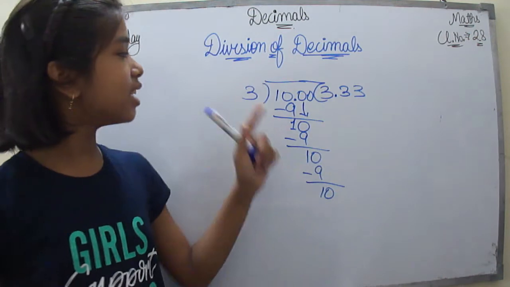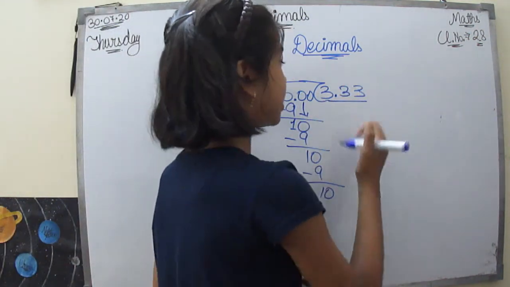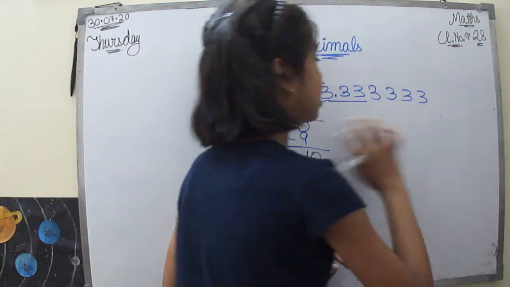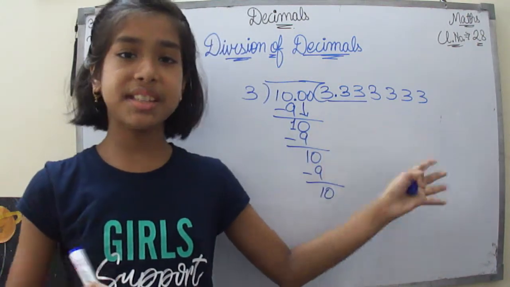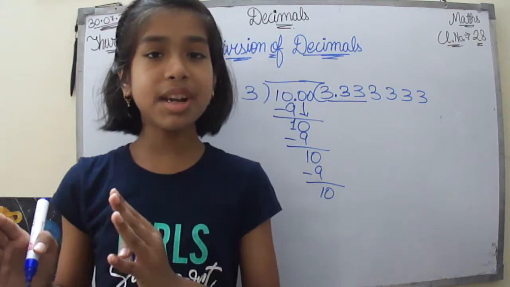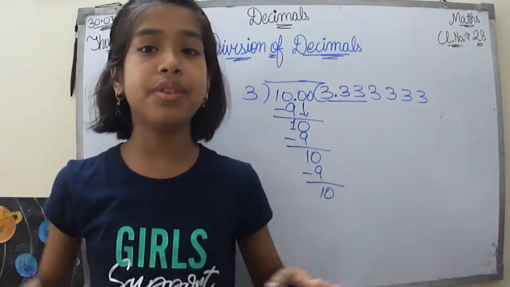In this, as we can see, this decimal number is 3.3333333 and so on. So this is an example of a recurring decimal. A recurring decimal is a decimal number in which the decimal places never end.